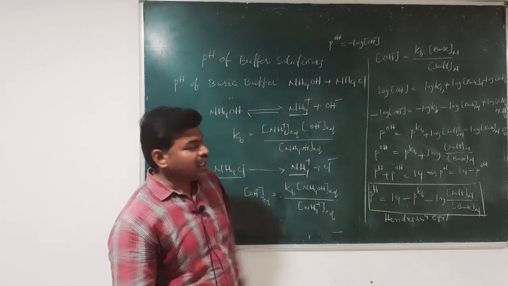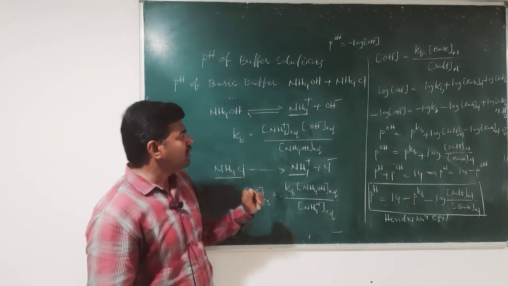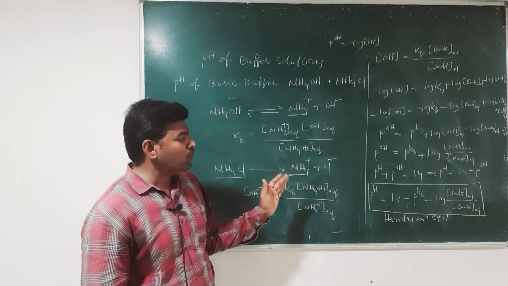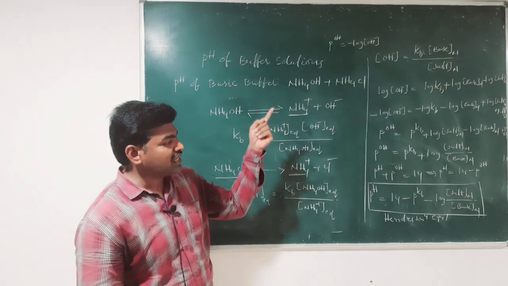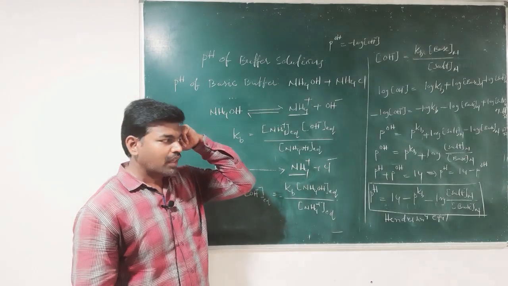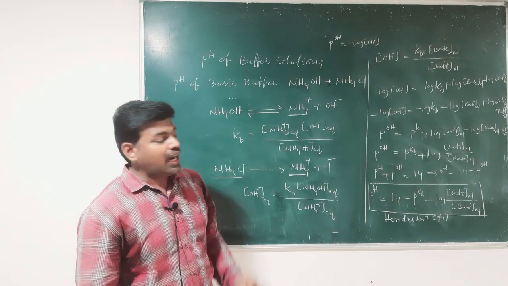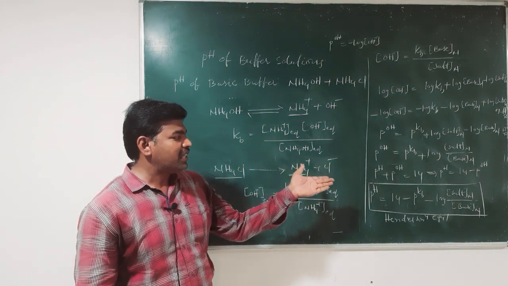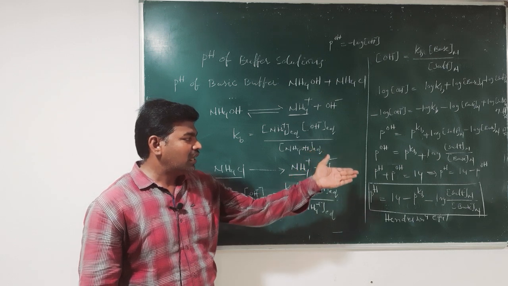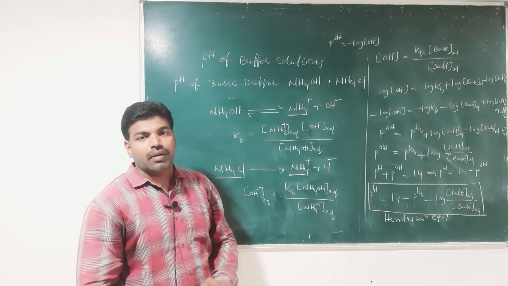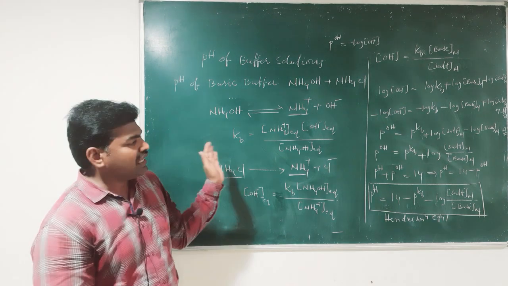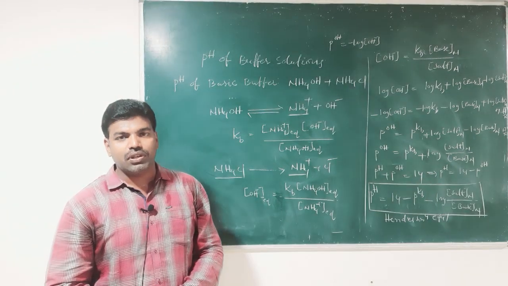So the pH of an acidic buffer is pH equal to pKa plus log concentration of salt by concentration of acid, and the pH of a basic buffer is 14 minus pKb minus log concentration of salt by concentration of base. Okay, so these are the equations for the pH of buffer solutions.